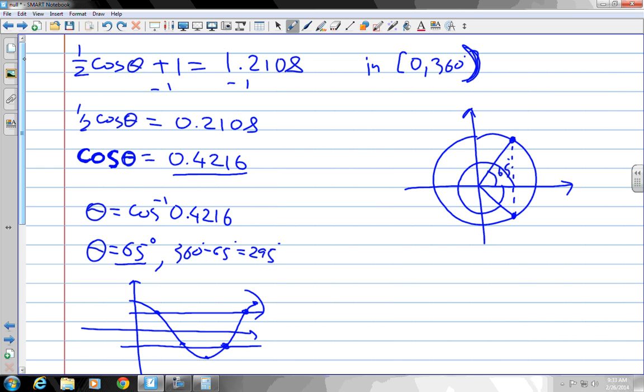Again, there'll be rules, like with sines. If this was a sine problem, then another solution is here, so you'll go 180 minus 65. For the cosines, it's 360 minus 65. But don't try to memorize that. Just draw a circle every time, and it will tell you which way to subtract. Okay? That's easier.